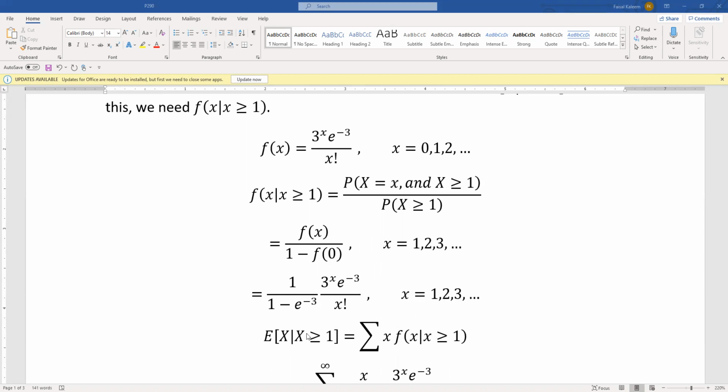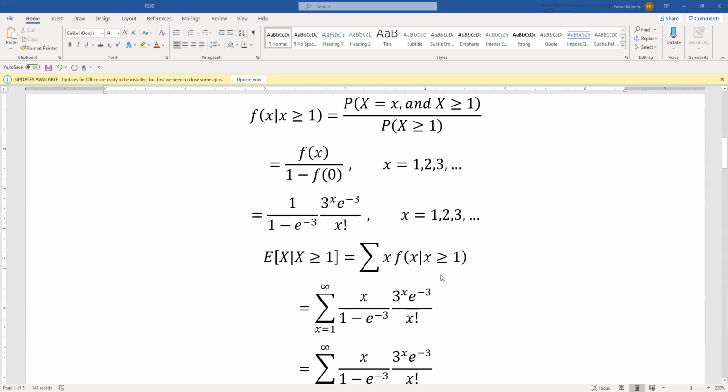Since eventually we want the variance of X given X ≥ 1, we'll find the corresponding expected values of X and X squared given X ≥ 1. So E[X | X ≥ 1] will be the summation of x times f(x | X ≥ 1).